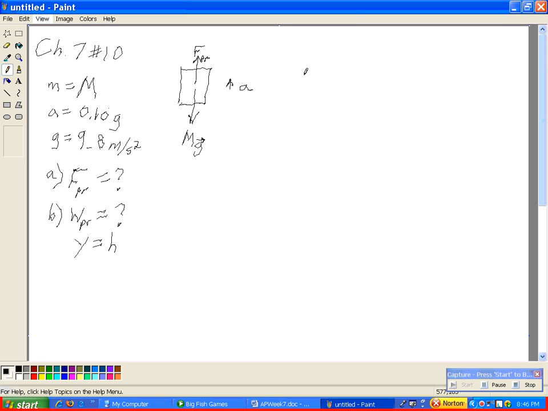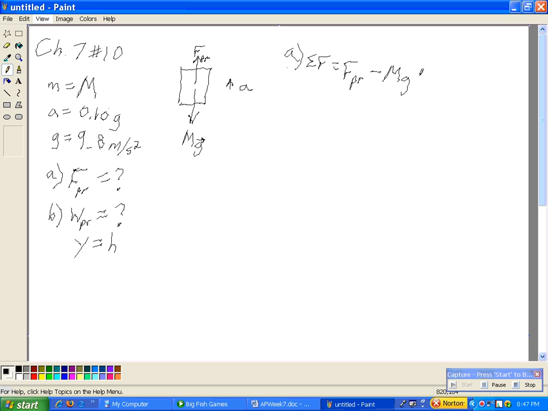Now, what we can work with for part A, let's go up here, is the sum of the forces is equal to, well, the force will be the propeller force minus the weight.